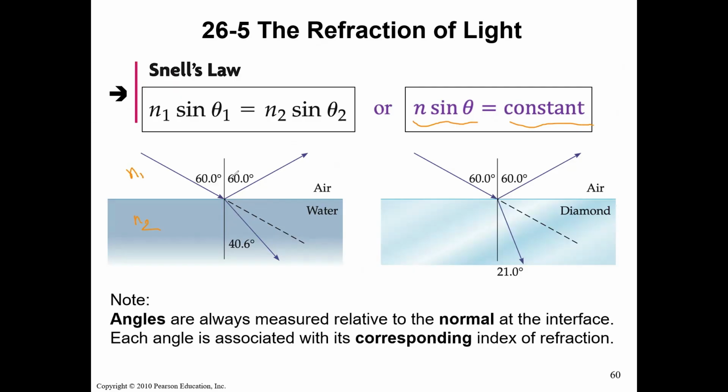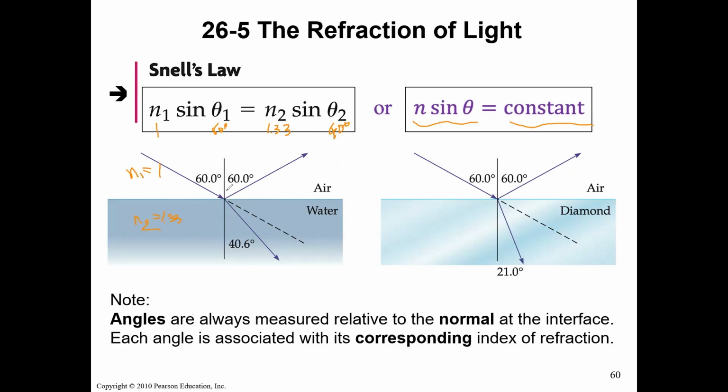If it's air, then n1 is basically 1, and if n2 is water, it is 1.33. So we have 1 times sine 60 degrees equals 1.33 times sine theta 2.